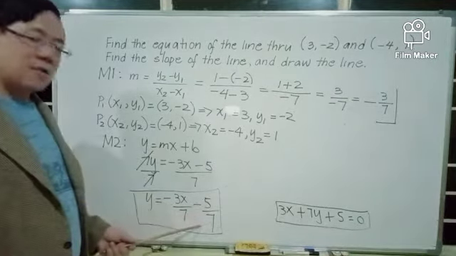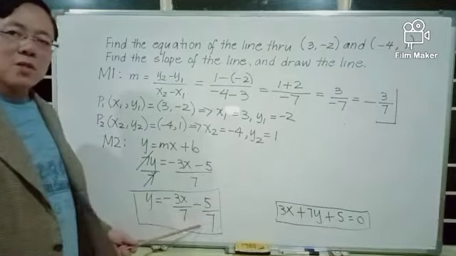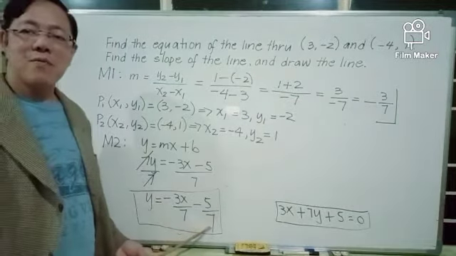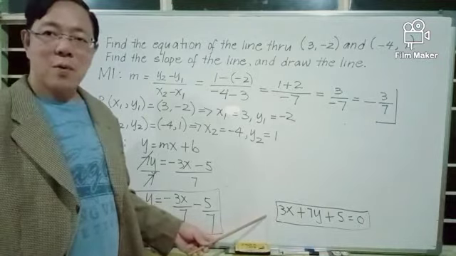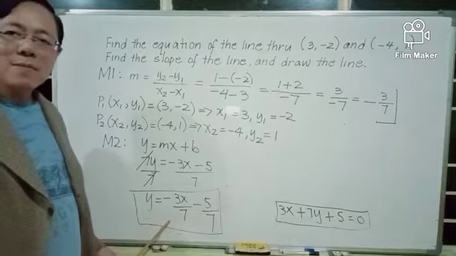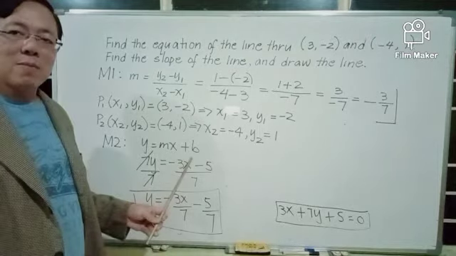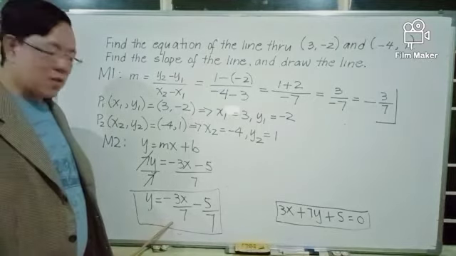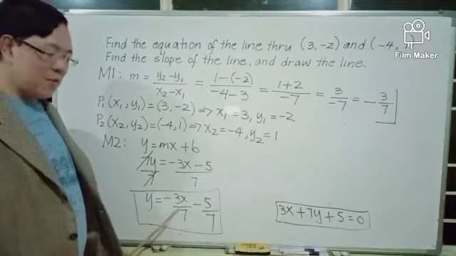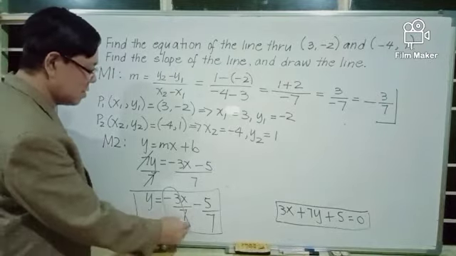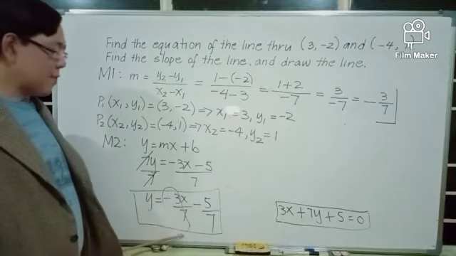This equation and this equation are the same equation of the line, passing through these 2 points, but they are written in different forms. This is the general form of the equation of the line, and this is the slope-intercept form of the equation of the line. Now, by inspection, you check the coefficient of x, and you can see that the coefficient of x is negative 3 over 7.